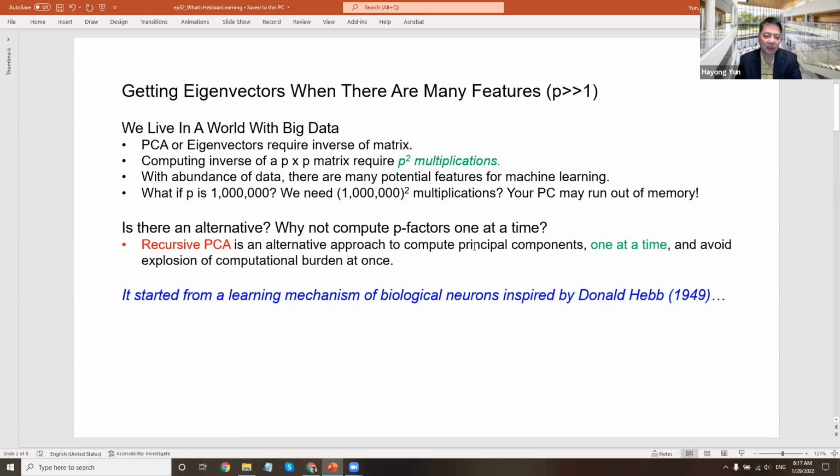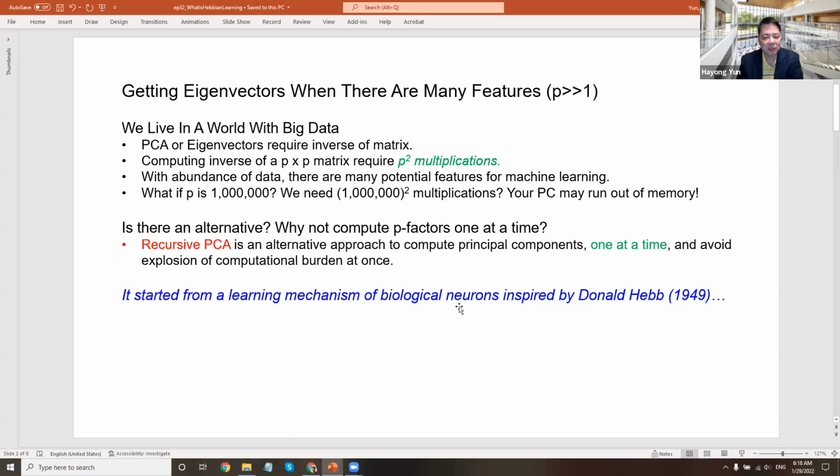Can we do this? The answer is yes. There is a technique called recursive PCA, and that avoids the computational burden because it does not attempt to compute every eigenvector or principal component. It just computes one at a time.